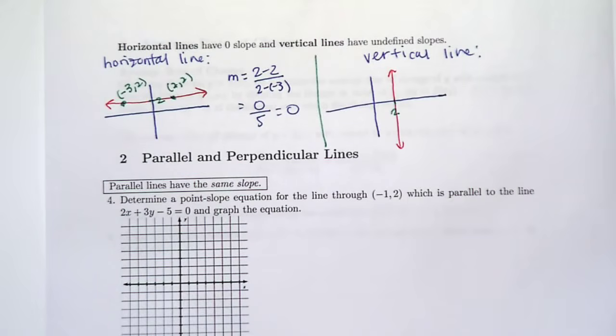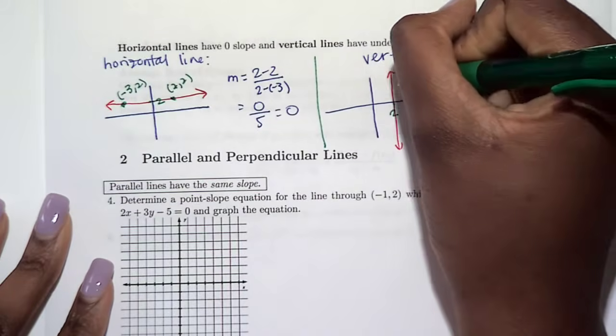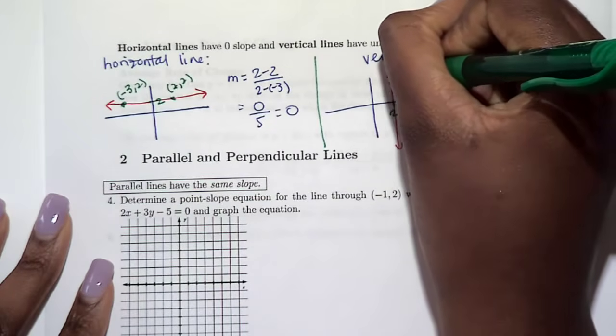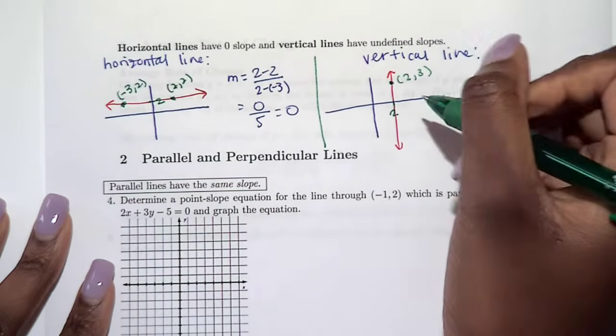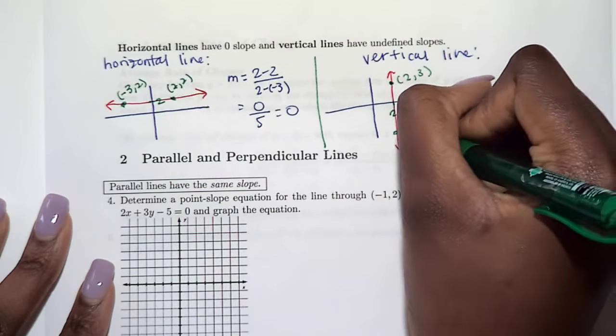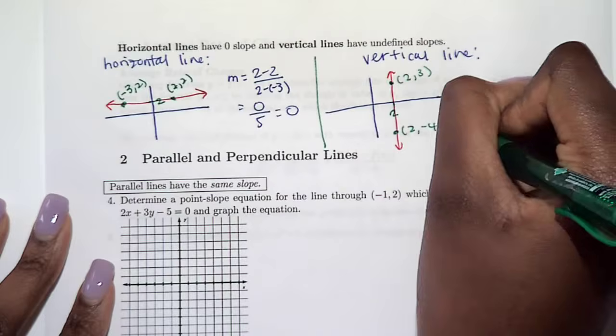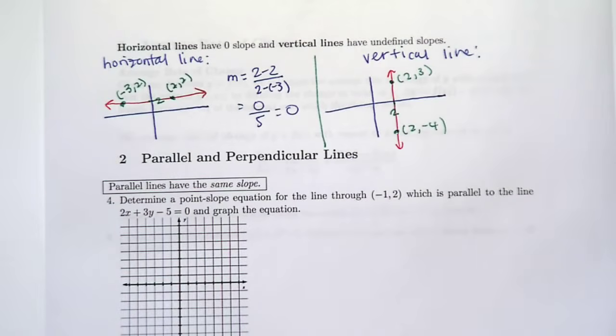And then I'm just going to choose 2 points on our vertical line. Maybe let's call this 2, 3. Maybe 2, negative 4. I'm just making these points up. Feel free to try this with any points on your vertical line.